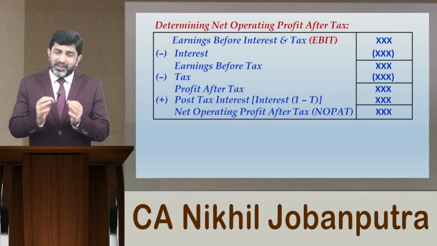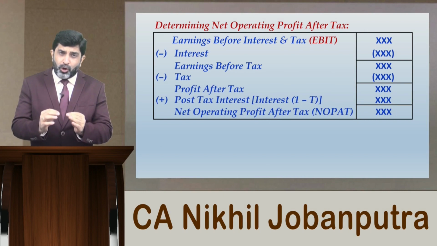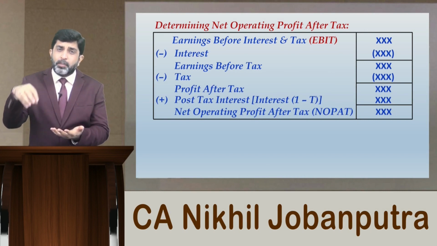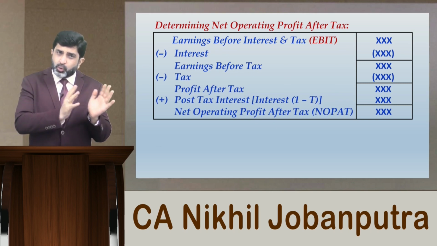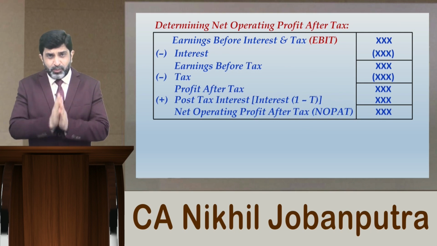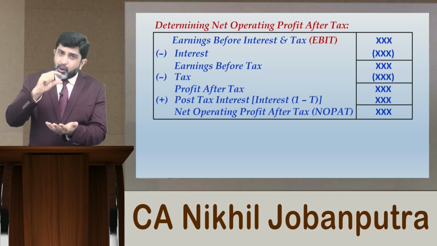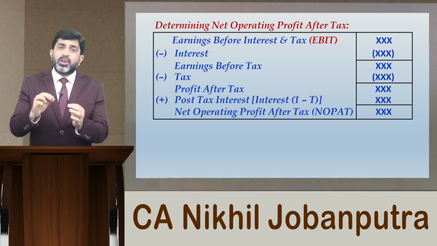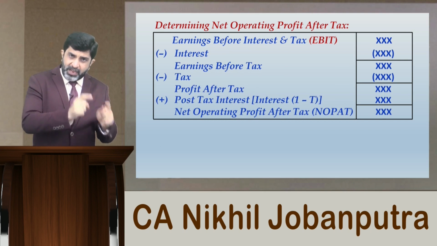Now please try to understand one simple thing. If you are following this approach of arriving at net operating profit after tax, you definitely can do this, but you should logically be clear about what you are doing. Because you want to arrive at the correct amount of tax, you first arrive at the net profit before tax.